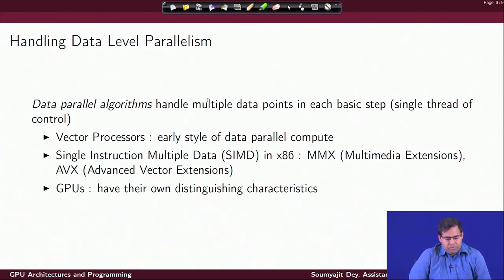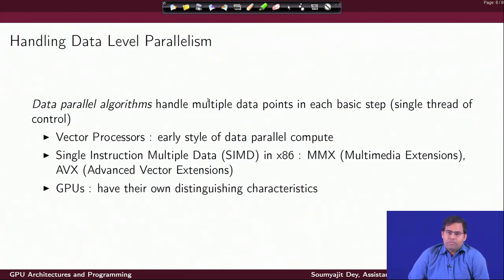Then came the notion of specific instructions which became part of normal RISC processors like x86. For example, some MMX instructions, the multimedia extension, or AVX instructions which came later on, the advanced vector extensions. These were SIMD instructions, or single instruction multiple data type instructions, that became a part of Intel's x86 architecture, and they are essentially instructions which perform the same operation on a vector data type, essentially a set of homogeneous data.